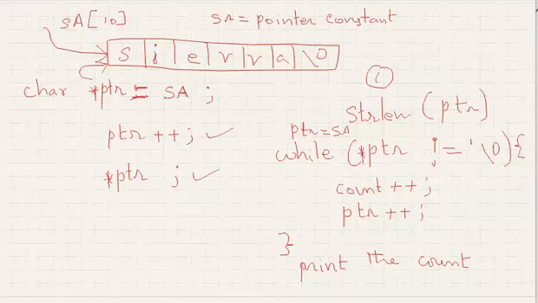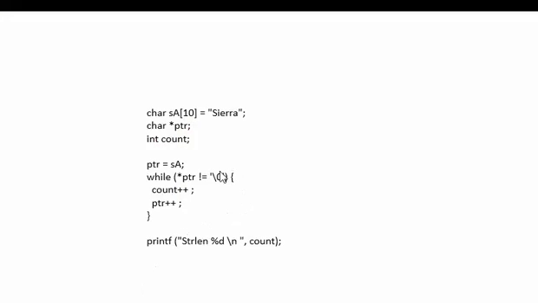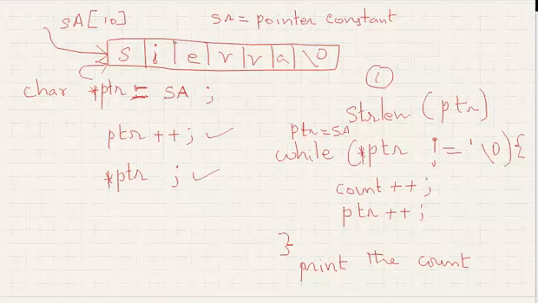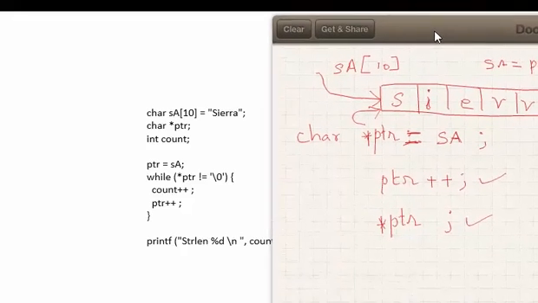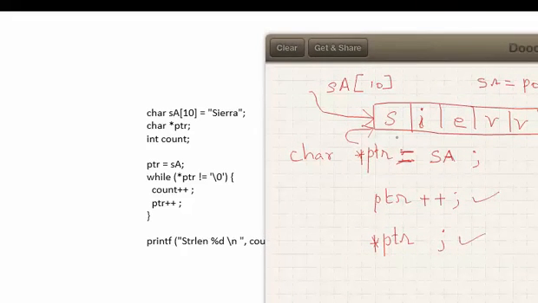So let's take an example. If you look at this program, pointer equal to SA, we pointed the pointer to the SA character array, much similar to what we did here. The program is very identical, right?